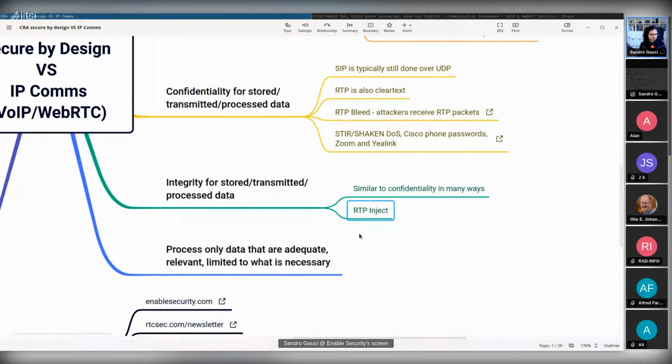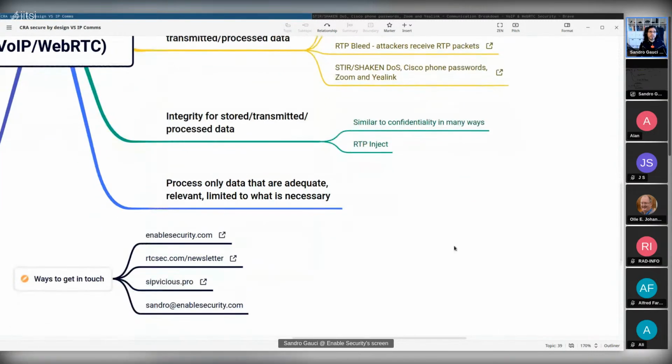We never did video streams yet, but audio streams you can inject into ongoing calls. And this, of course, affects the integrity of audio calls, for example, phone calls. So those are just examples of how integrity may be affected by security attacks.